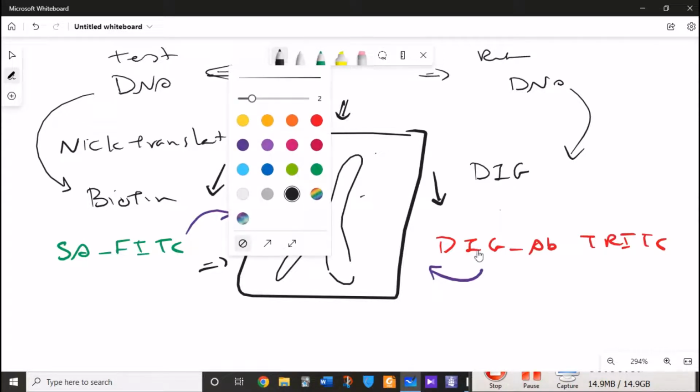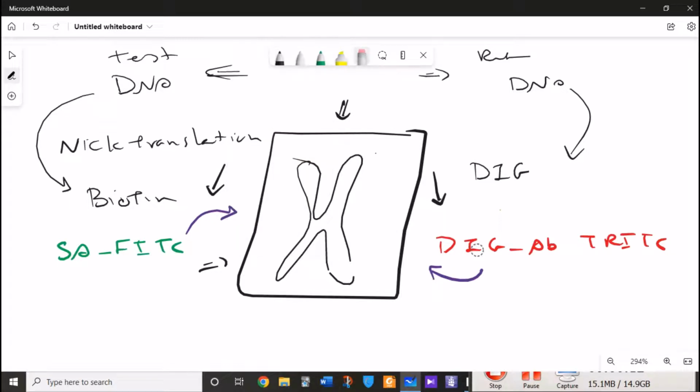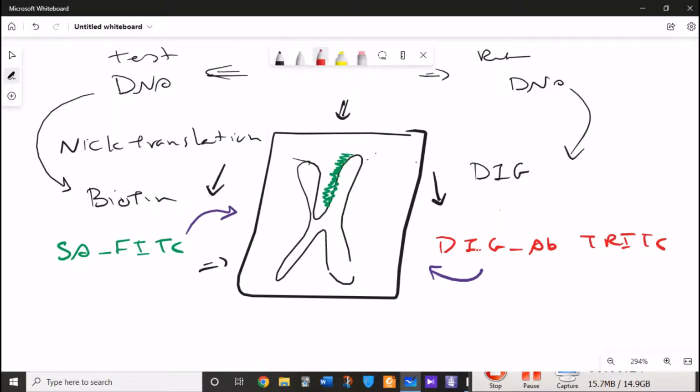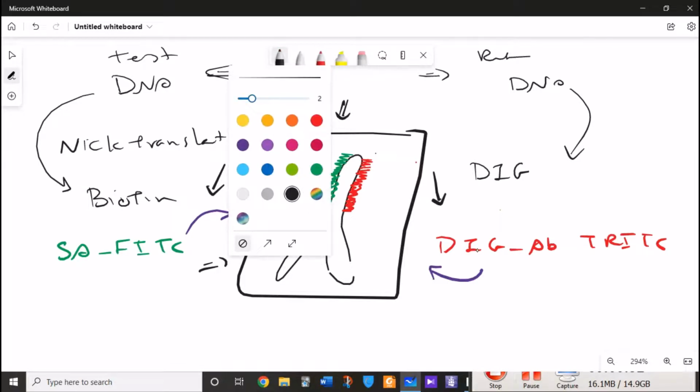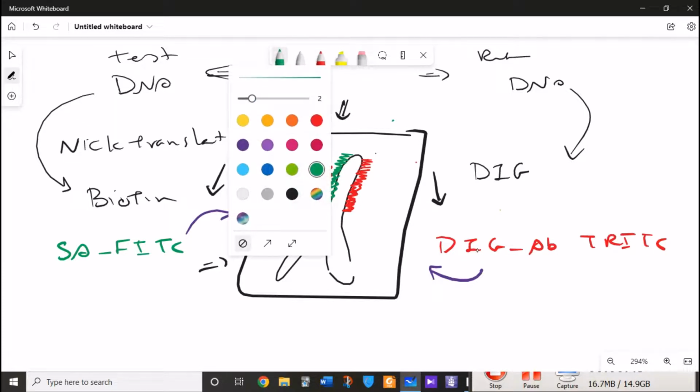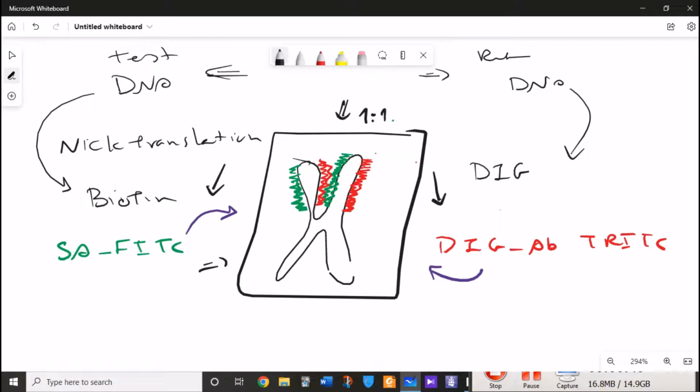So, in many regions of the spreads, or of the chromosomes, we have the green and the red signal in equal amounts. But in some regions, the ratio is not 1:1.